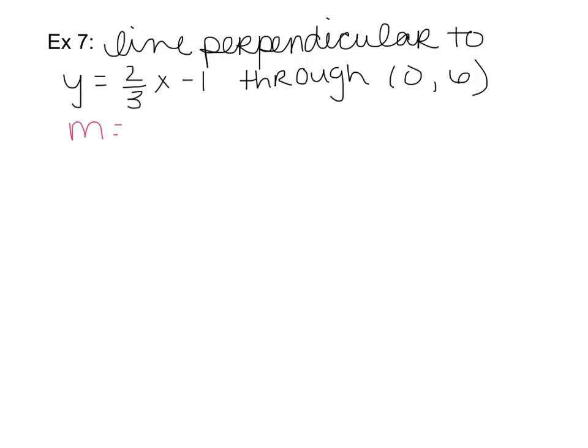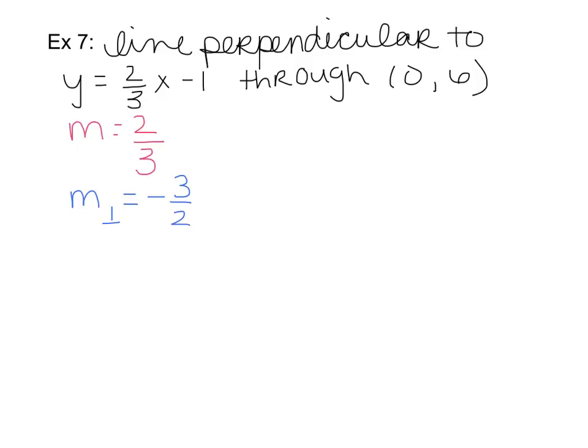My slope is the number that's in front of x, so it's 2/3. Perpendicular lines do not have the same slope anymore. It's the negative reciprocal of the given slope. So I'm given 2/3. The negative of 2/3 is obviously negative, and the reciprocal of 2/3, flip that fraction over, gives me 3/2. That is the new slope I'm going to use.